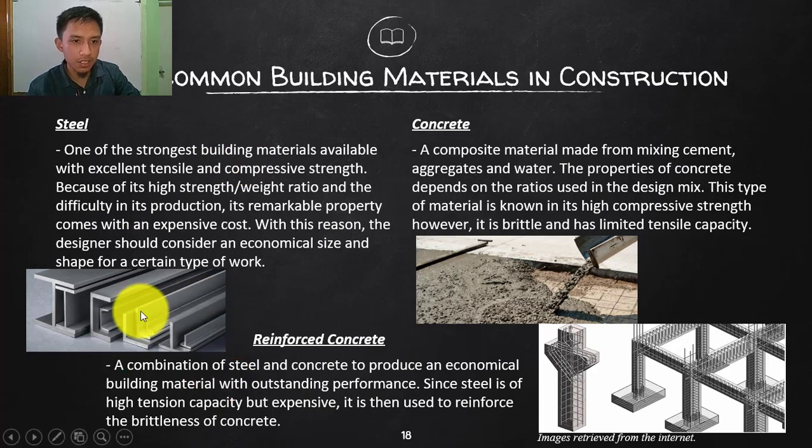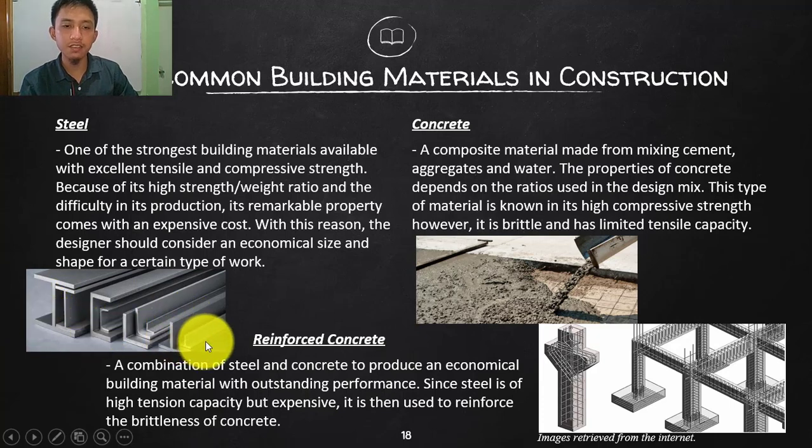As you can see, that depends also on the type of load, how the load is applied on the member. So we have here different shapes. We have what we call the I shapes, channel shapes, angle bar, and so on and so forth. Okay, so actually this will be discussed again in your design subjects.